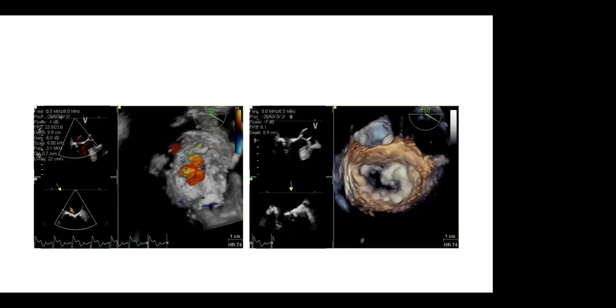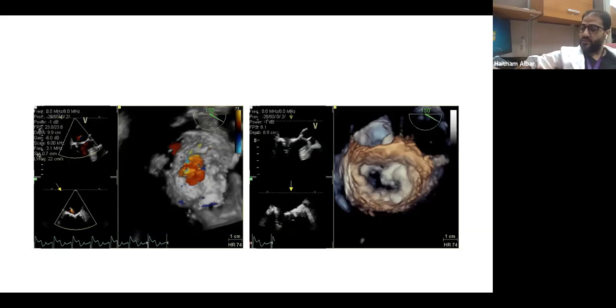But mitral annular calcification is a contraindication for minimally invasive surgery. I'm sorry, not minimally invasive per se, it's a thoracotomy approach.